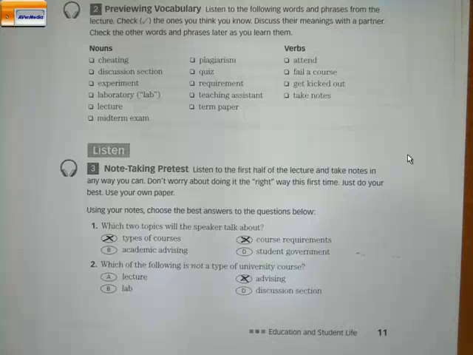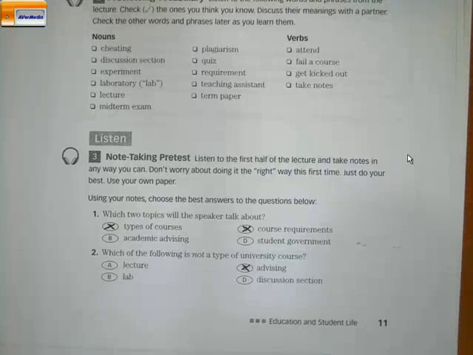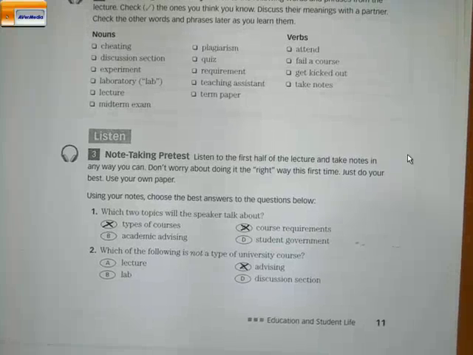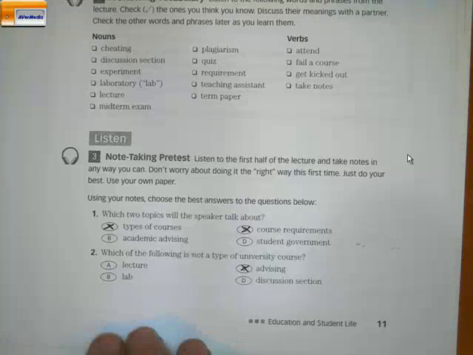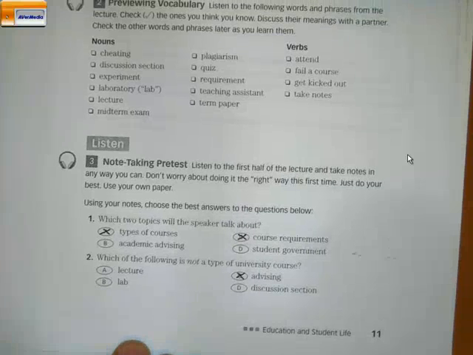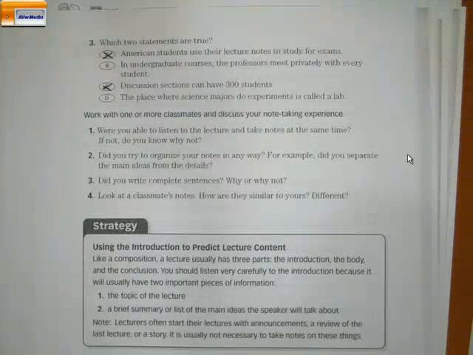So it's very important at the beginning to have an idea of the structure of the passage. Number 2, which of the following is not a type of university course? Only C, advising. The others, we had lecture course, lab course, and discussion section. Those are all courses. Let's continue with our work here.